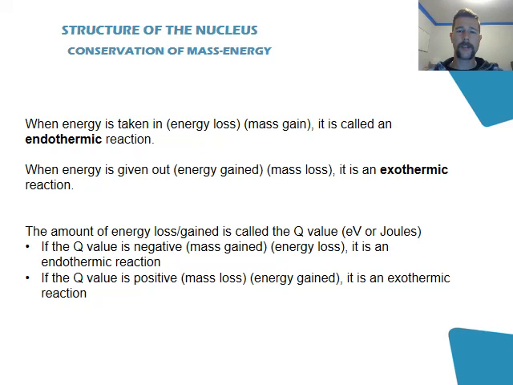Now remember, this occurs when we have a nucleus that is split into its components, and the mass of its components is greater than the mass of the nucleus. Now alternatively, when energy is given out and mass is lost, this is an exothermic reaction. So this is when we have a number of components and they form to make a nucleus.